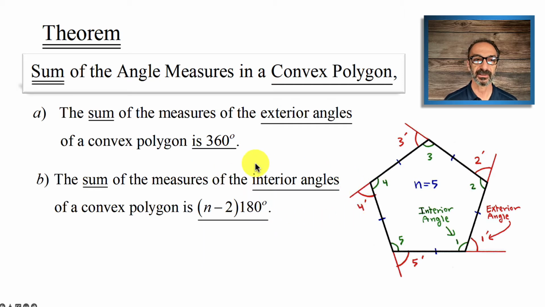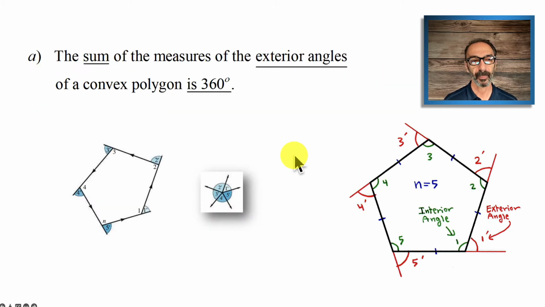Let's see how things work with this one. For part A, notice that I'm using n equals 5 because it's convenient to look at 5 sides instead of 10 sides or 3 sides. 3 sides is so simple, 10 sides is too much, 5 is decent. So the sum of the measures of the exterior angles of a convex polygon is 360.